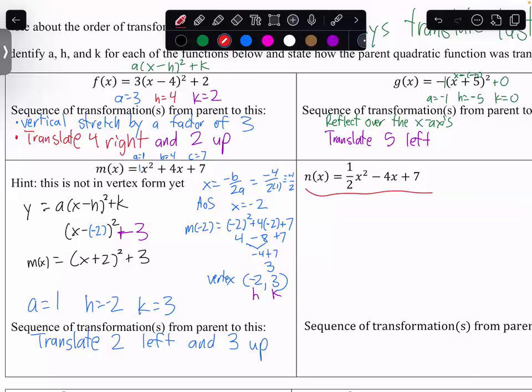Once you get that, convert, and that's the vertex form first.